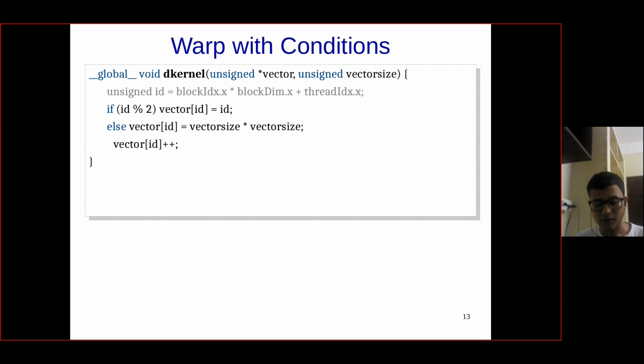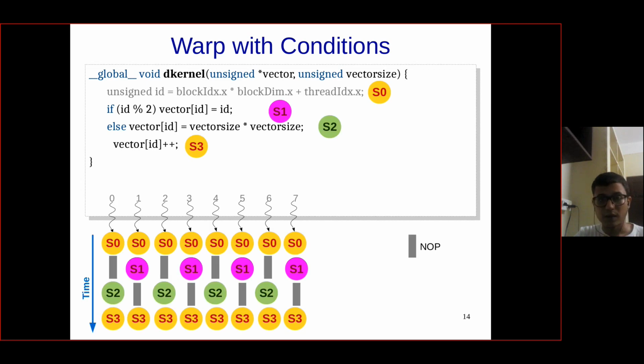The addition is that they will execute the same statement, or they'll execute no op. They execute no op when there is some condition like this, where a thread is forced to wait for other warp threads. This is something which should be noted. And yeah, this is a pictorial representation of what I said.